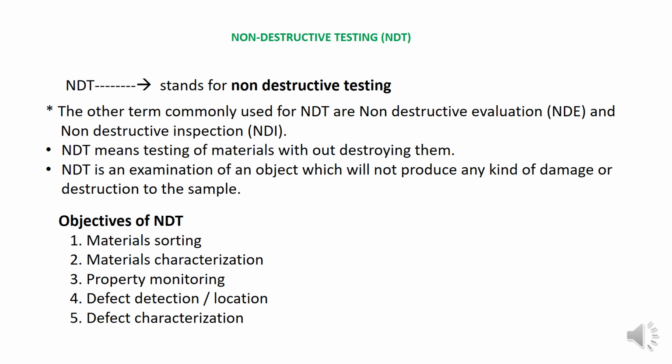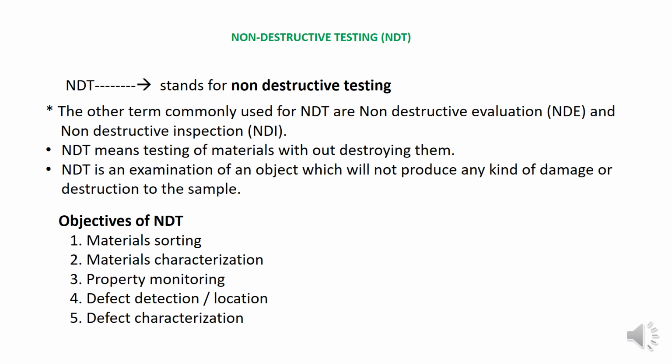The reason is that during this test the component is not damaged or destroyed, so it can be reused again and again. So it is called non-destructive testing. During the tensile test or compression test, the specimen is damaged or destroyed, so it cannot be reused.